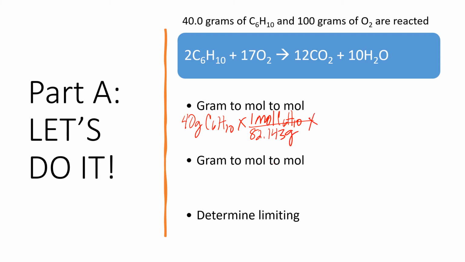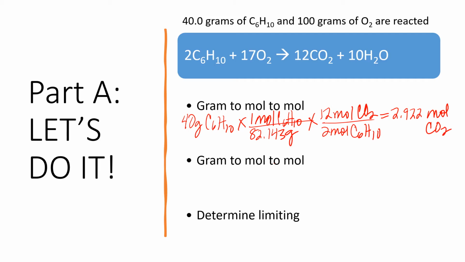Then we use our all-important mole-to-mole ratio, 12 mole CO2 for every 2 mole C6H10. When we do the math, we will find out that we produce 2.922 mole of our product, CO2.